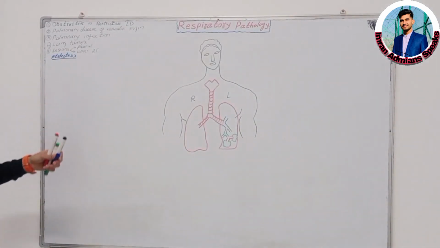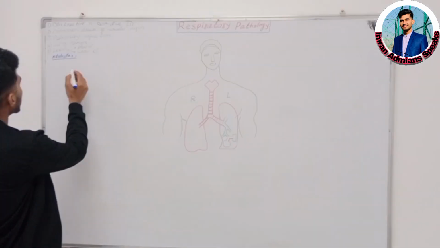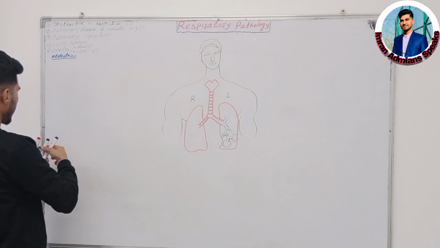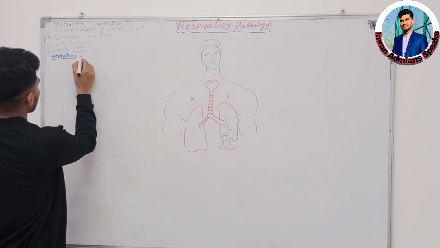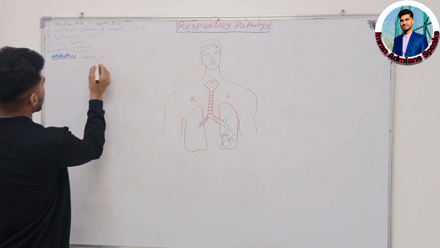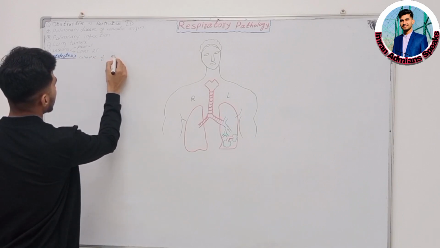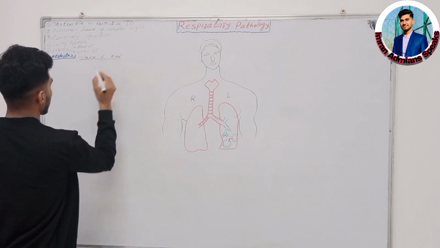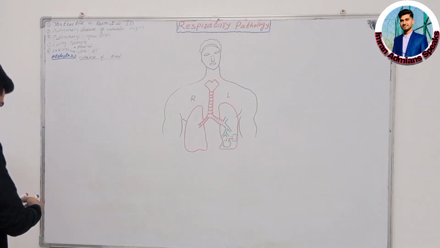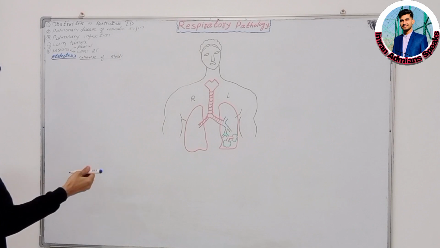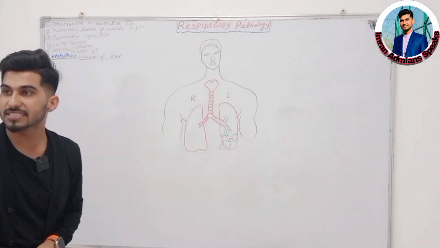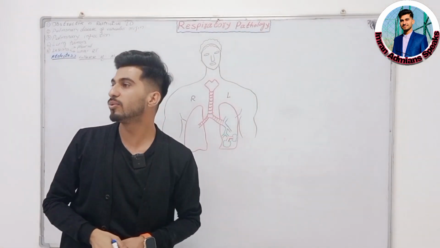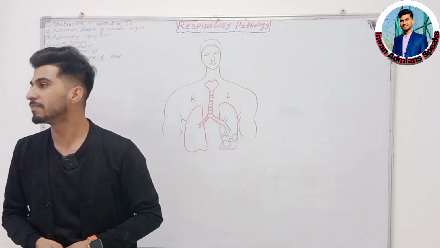In atelectasis, there is a collapse of alveoli, and this collapse causes a condition known as ventilation perfusion imbalance.